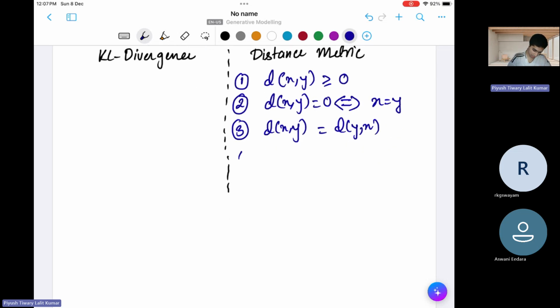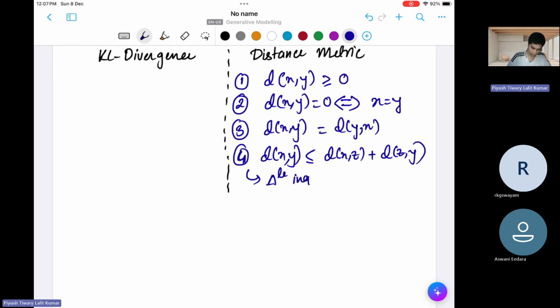And there is another essential property, called the triangle inequality, which tells us that D of x comma y is always less than or equal to D of x comma z plus D of z comma y. These are the properties that need to be satisfied by any function D in order for it to be called a distance metric.